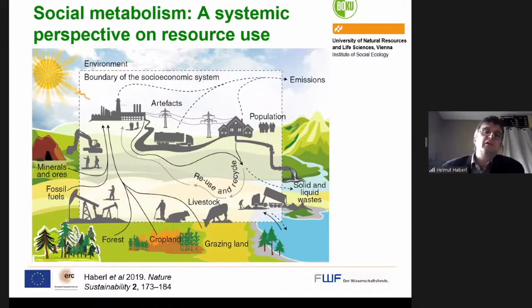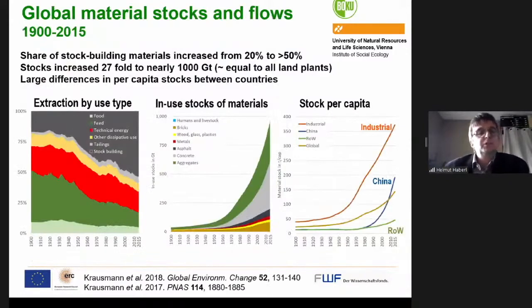We have done a lot of research at the Institute of Social Ecology, also on national and other levels. I just want to show what happened in the last 100 years, or a little bit more than 100 years, globally. On the left-hand side, you see the composition of extraction of materials by human societies.